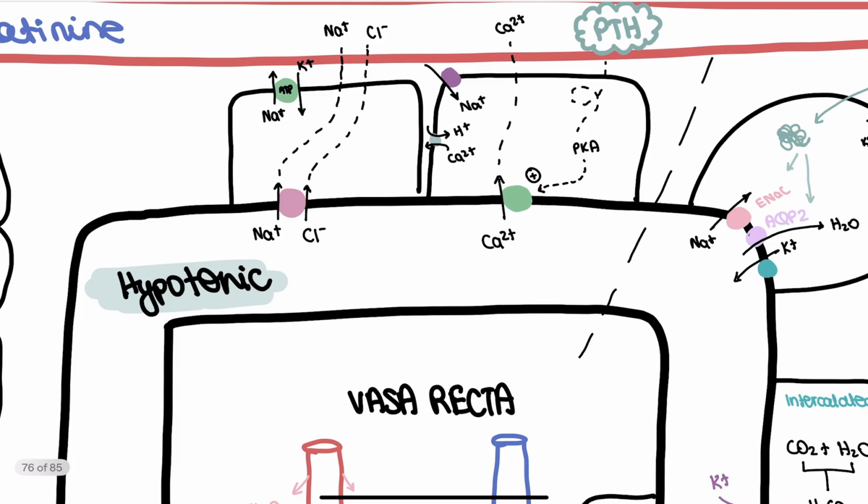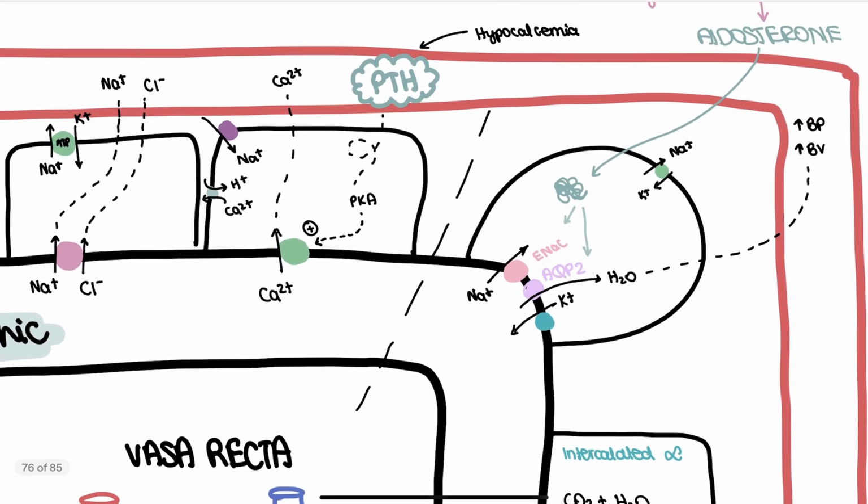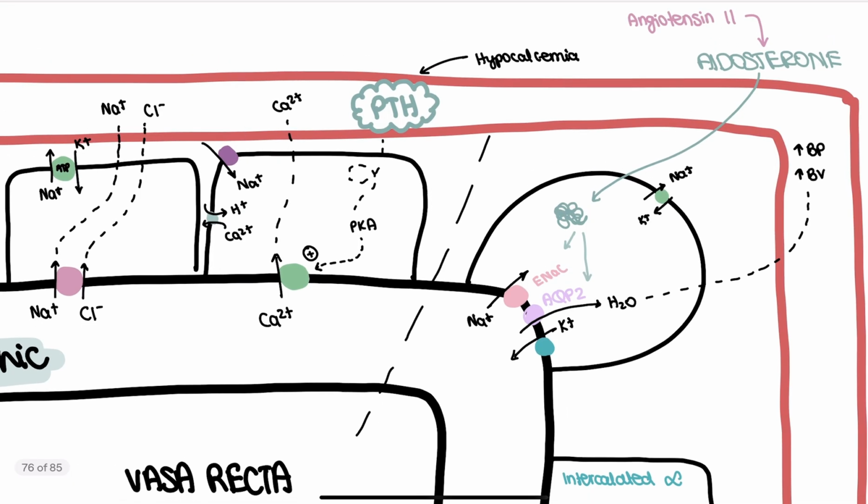Now, then we move on to the collecting duct. But before we do that, we can see that there is an effect of angiotensin. First what we have is angiotensinogen, and this is basically a precursor.